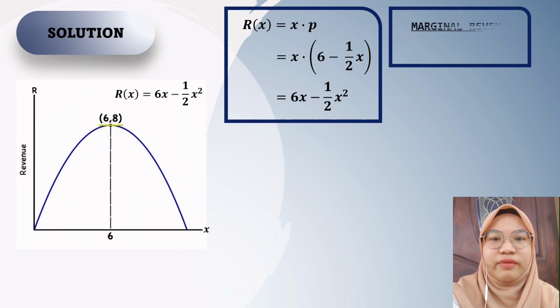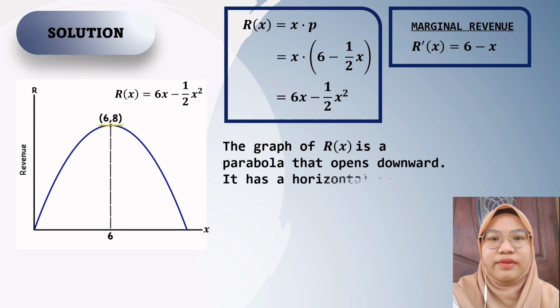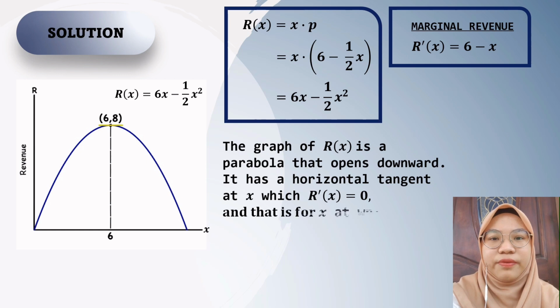The marginal revenue is the first derivative of the revenue function, equal to 6 - x. The graph of R(x) is a parabola that opens downward. It has a horizontal tangent where the first derivative is 0, that is, where marginal revenue is 0.